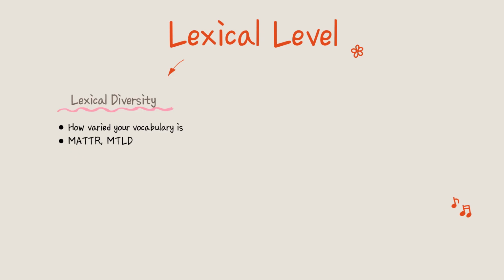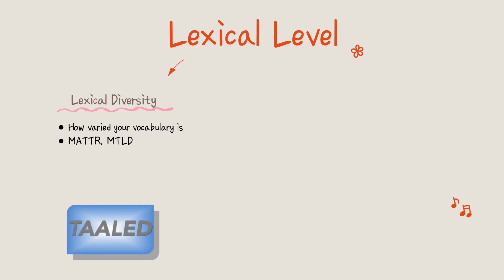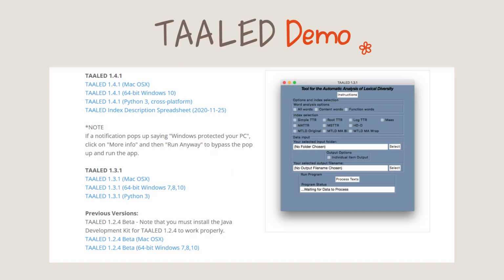But if you use words like excellent, impressive, or meaningful, you are showing a richer, more expressive vocabulary. To measure this, we can use a tool called TAALED, which analyzes lexical diversity through statistical measures like MATTR or MTLD. Now let's try a quick hands-on demonstration using the TAALED tool.